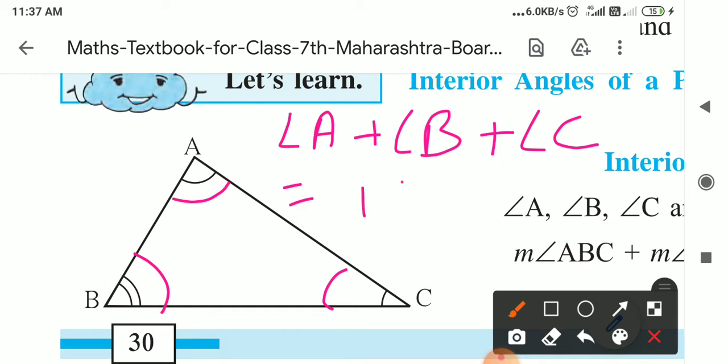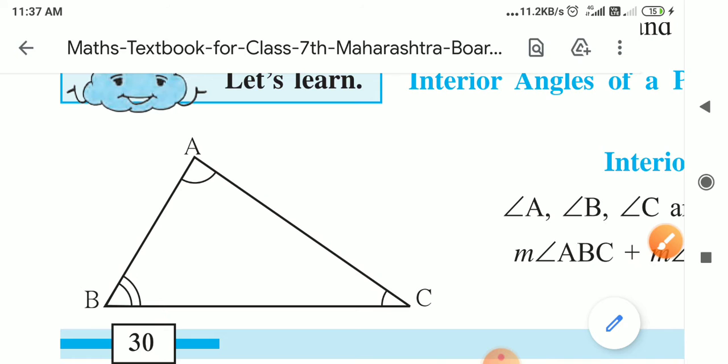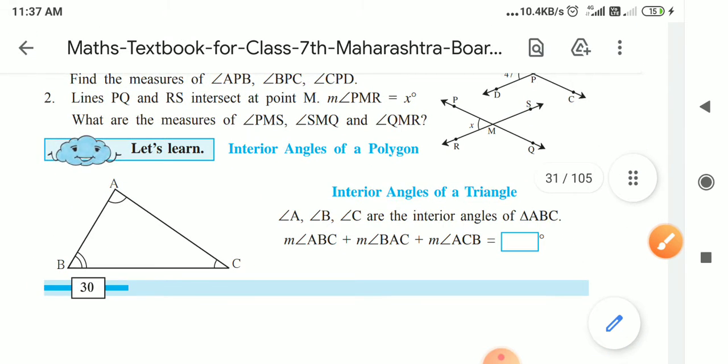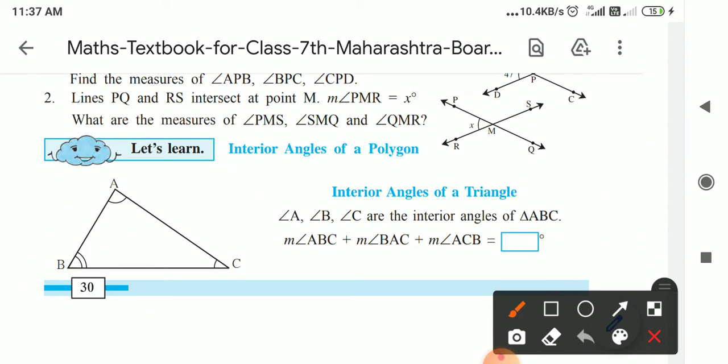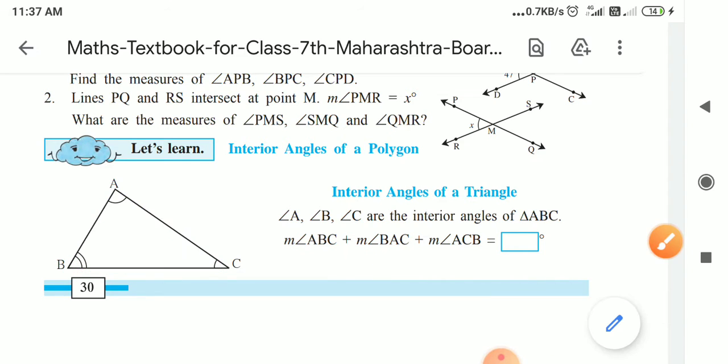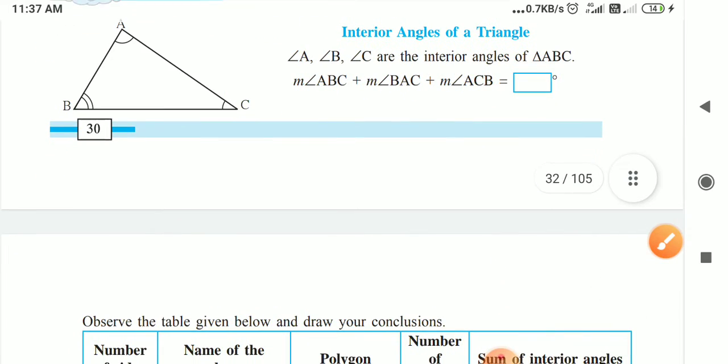You will get that the sum is 180 degrees. So the interior angle property is that the sum of the three angles, angle ABC, angle ACB and angle BAC, is equal to 180.